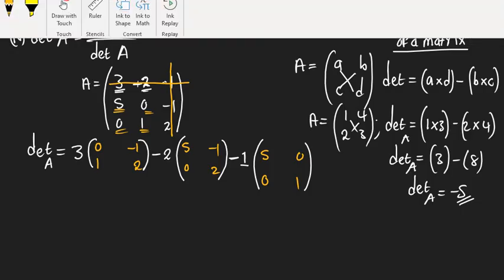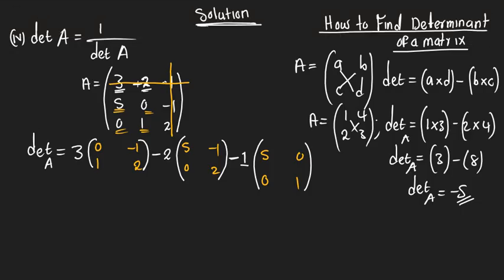Now, you've taken it into a 2 by 2 matrix, so now you can do the needful. So you're going to get your 3. Then you open the bracket. Then this is going to be 0 multiplied by 2 minus 1 multiplied by -1.